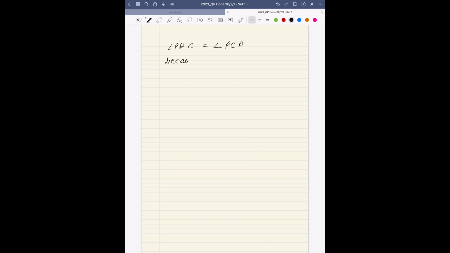Because these are base angles of triangle PCA, which is isosceles. Everything needs to be written down so that you don't leave room for confusion in the examiner's head. So write it. You need to earn your 2 marks.